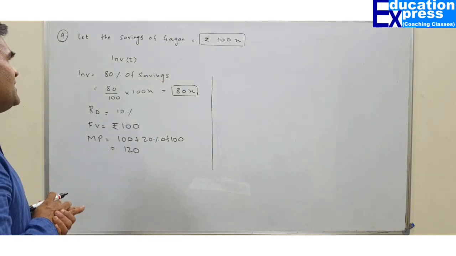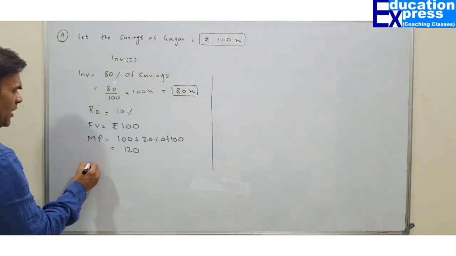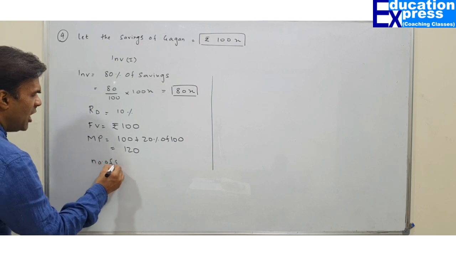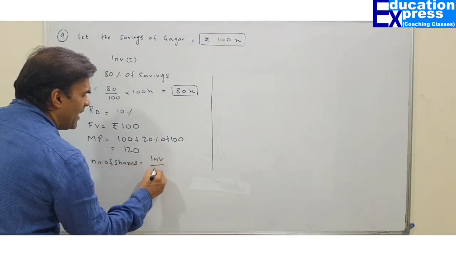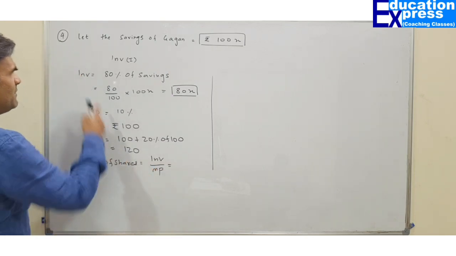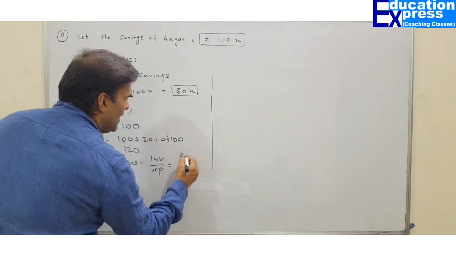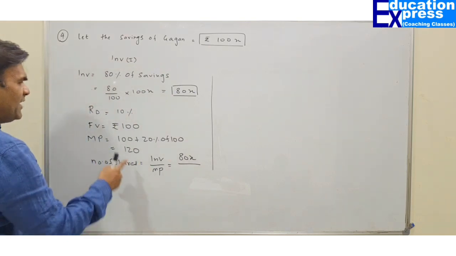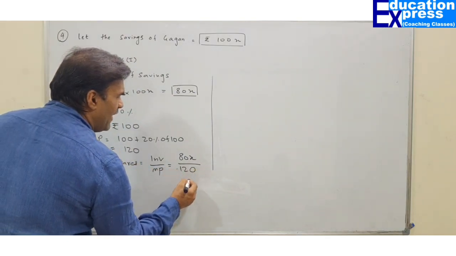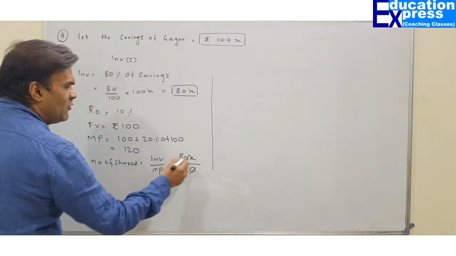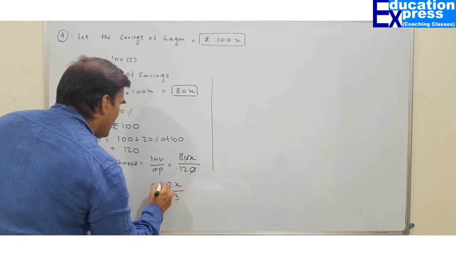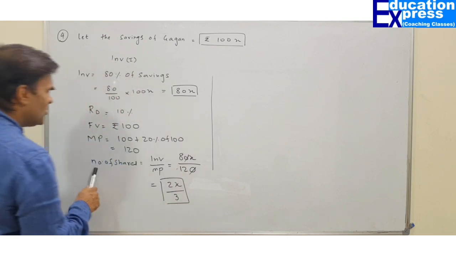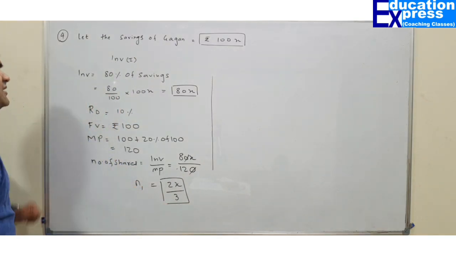So my dear friends, if I am interested in finding the number of shares, how will I find it? Number of shares would be investment upon market price. What is my investment? Investment is 80x. What is the market price? Market price is 120. 0 cancels 0. 8x upon 12. That would be 2x upon 3. What is this 2x upon 3? The number of shares. Fantastic.